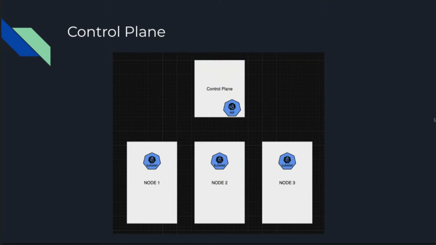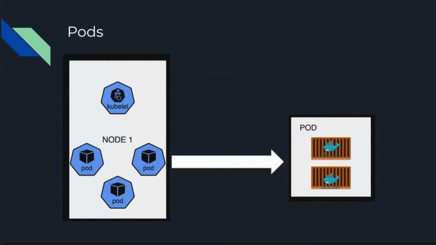Okay, so this was the control plane and the pods. In one node, we have many pods, and in one pod, we may have many containers.